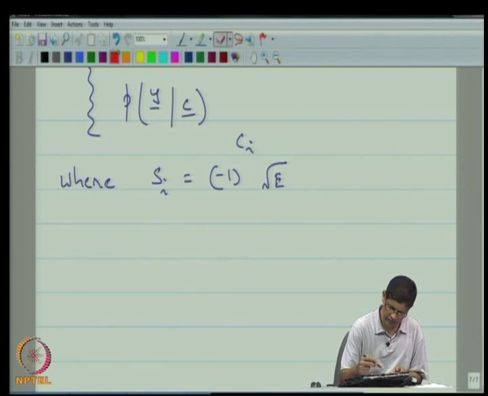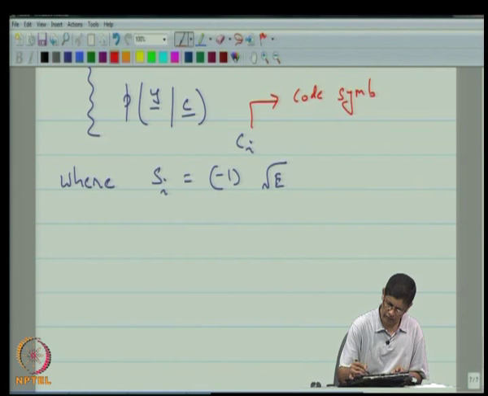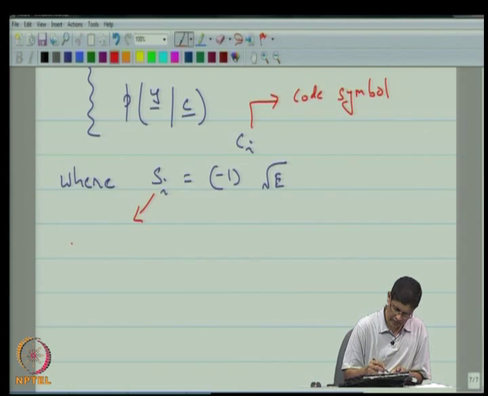So this thing here is the code symbol, whereas this here is the symbol transmitted.